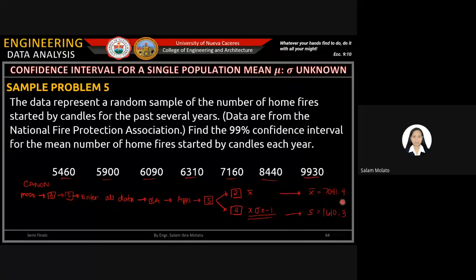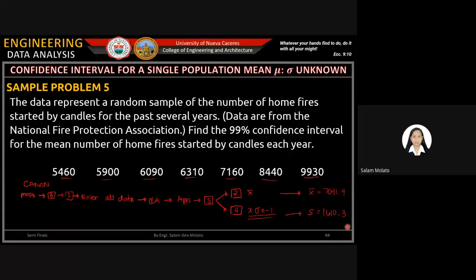So I will now use 7041.4. I added 1 decimal. And 1610.3, another 1 decimal. These are our rules, I hope you still remember.